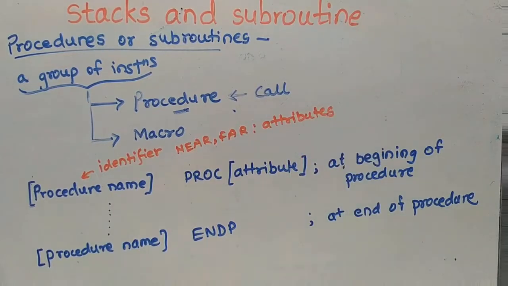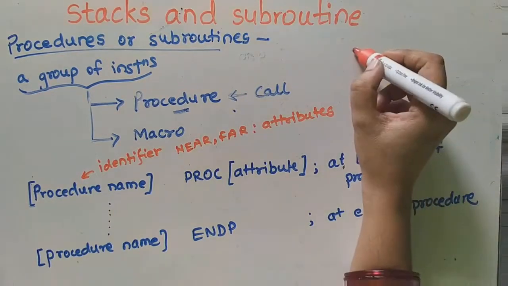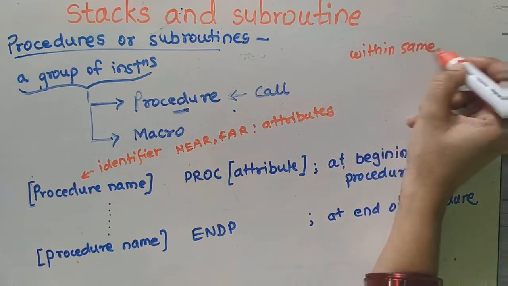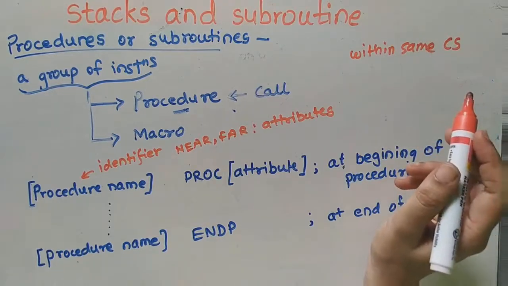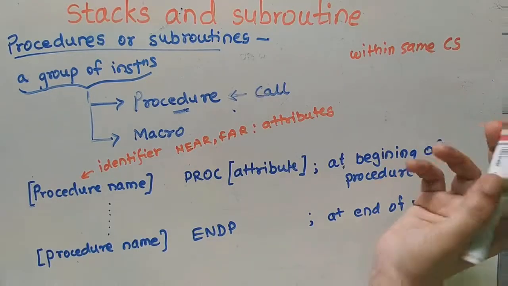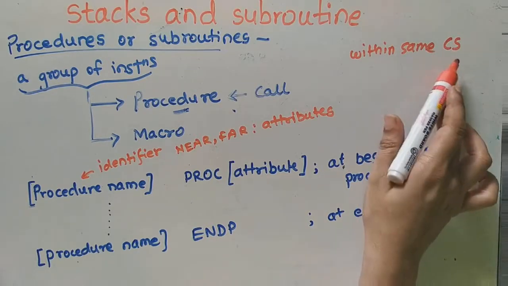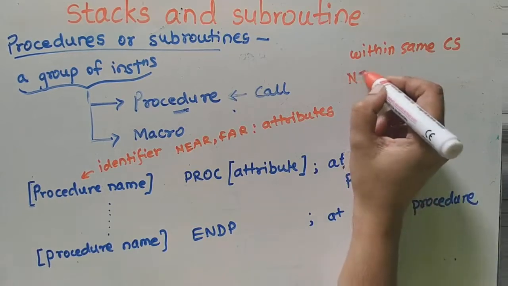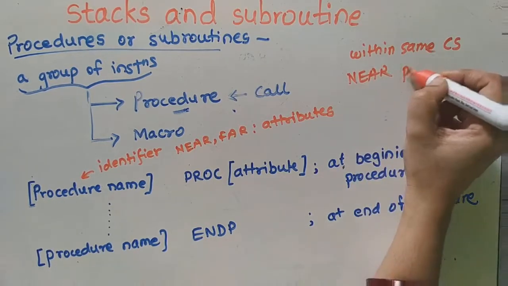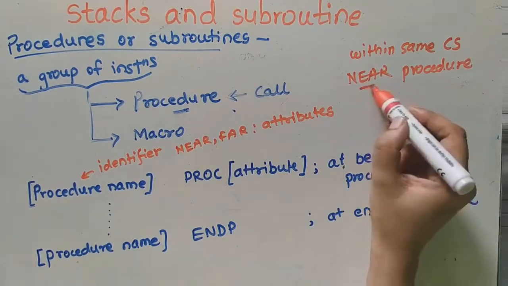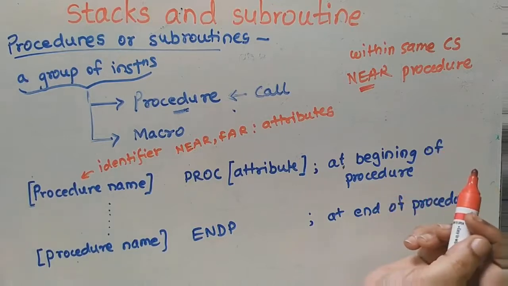If the procedure is within the same code segment, and the main program is also stored in the same code segment, then the procedure is called a near procedure, and the attribute is nothing but NEAR.